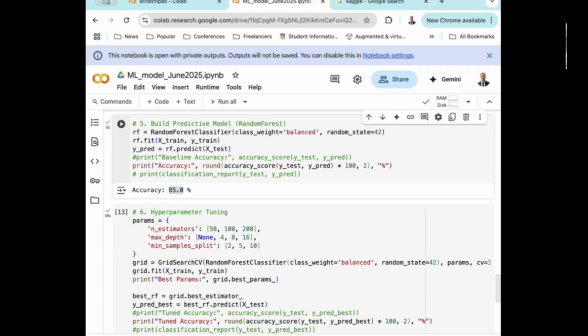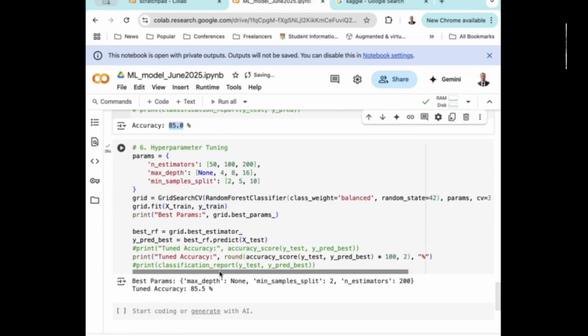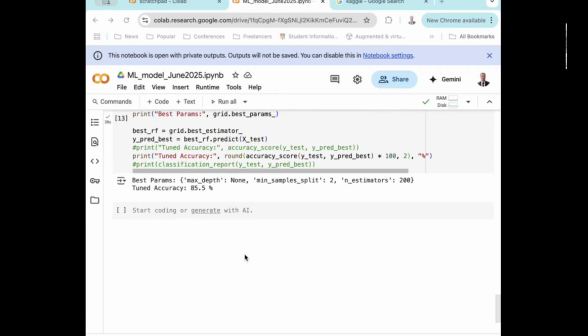You can see by tuning the parameters, we were able to have better accuracy. So now we are done, the accuracy is accepted, then we can deploy the model.